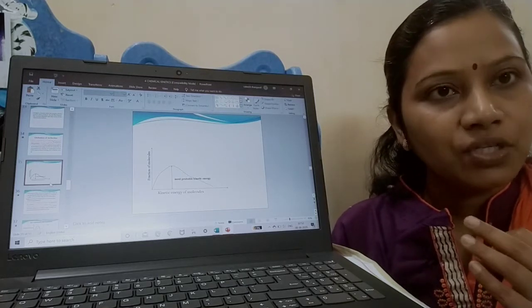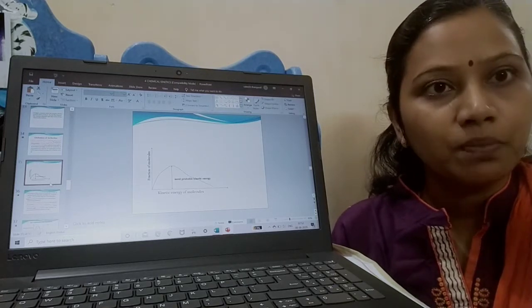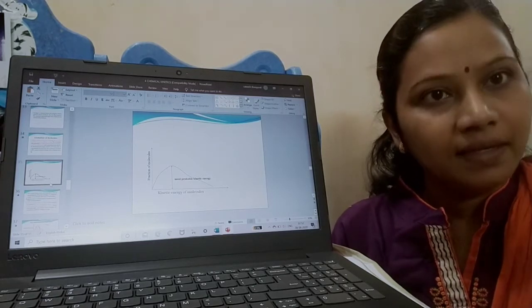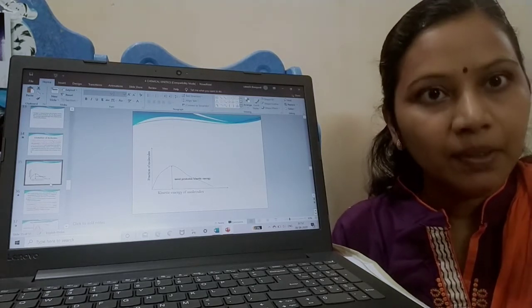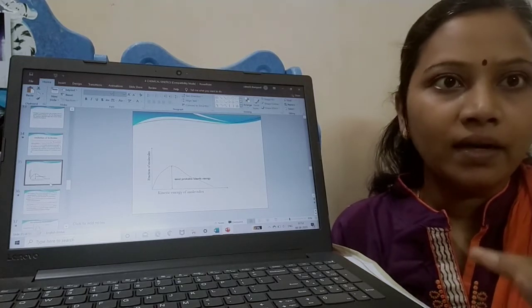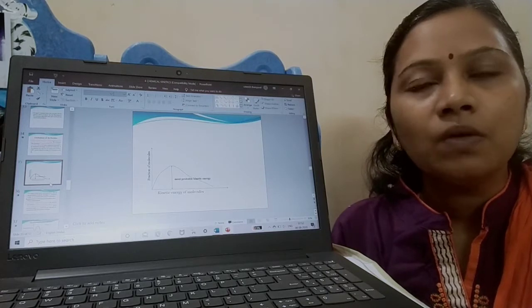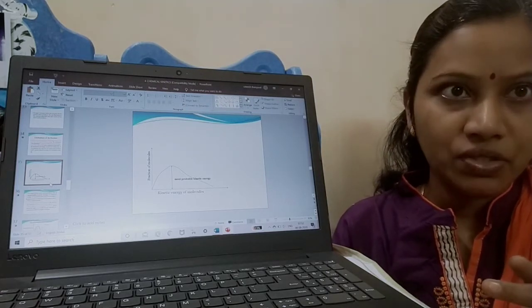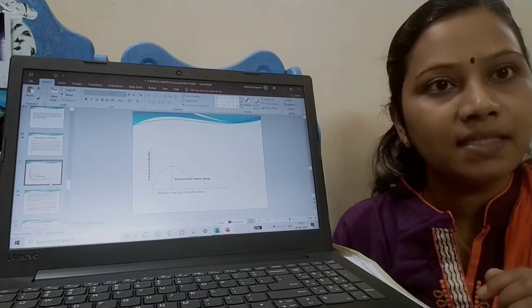Pseudo order reactions are nothing but reactions which proceed with the higher kinetics, but actually they appear to be in higher kinetics while they are actually in the lower rate kinetics. Then we saw the relationship between reaction rate and temperature. For that we saw the Arrhenius equation.